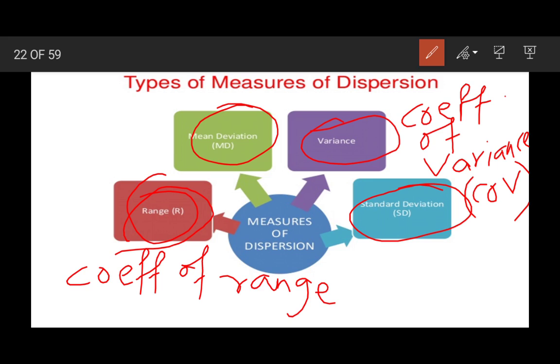So in your syllabus you are going to learn range, then mean deviation, then variance and standard deviation. All these four are types of absolute measure of dispersion. For range you have a relative measure of dispersion known as the coefficient of range. For standard deviation you have a relative measure of dispersion known as the coefficient of variance, or COV.